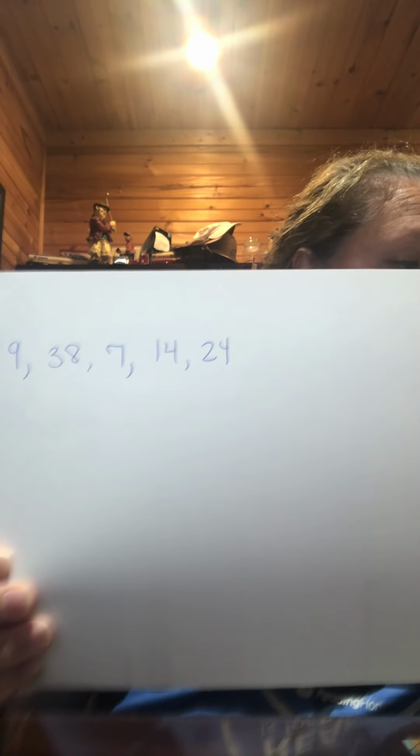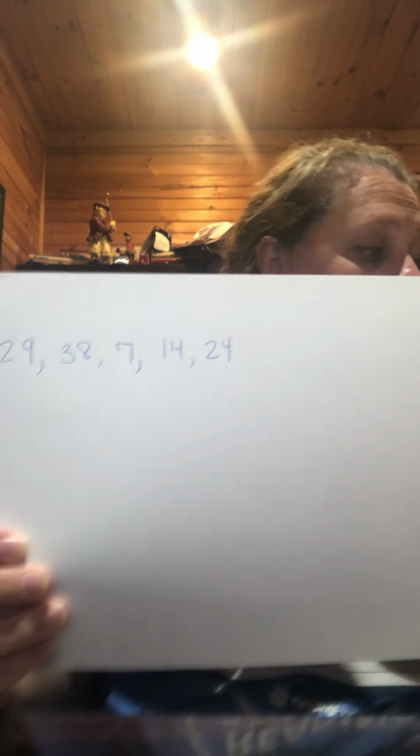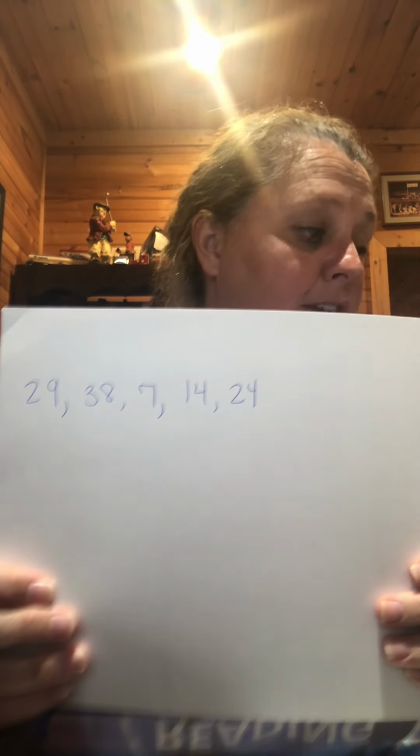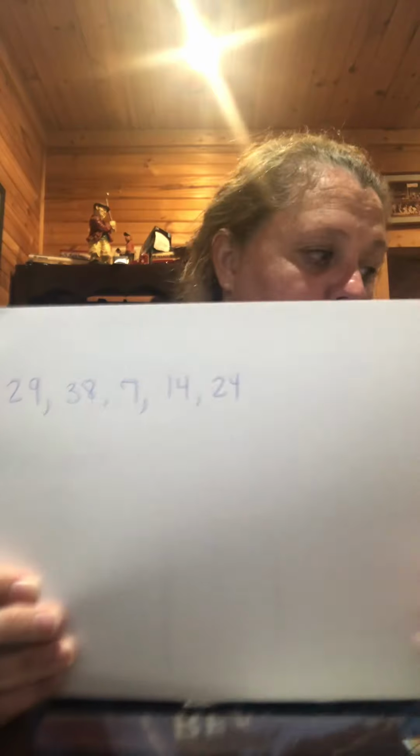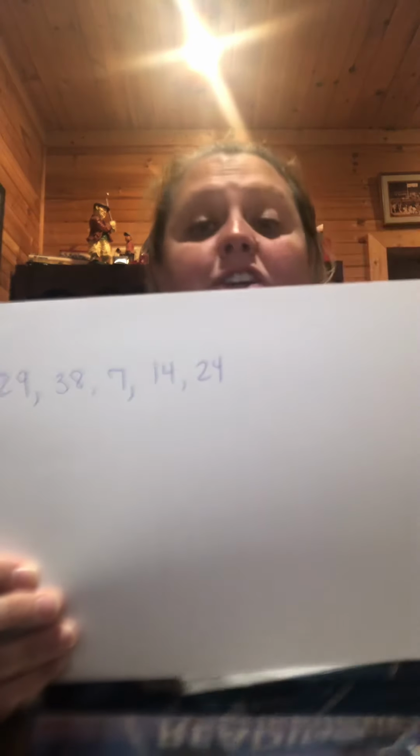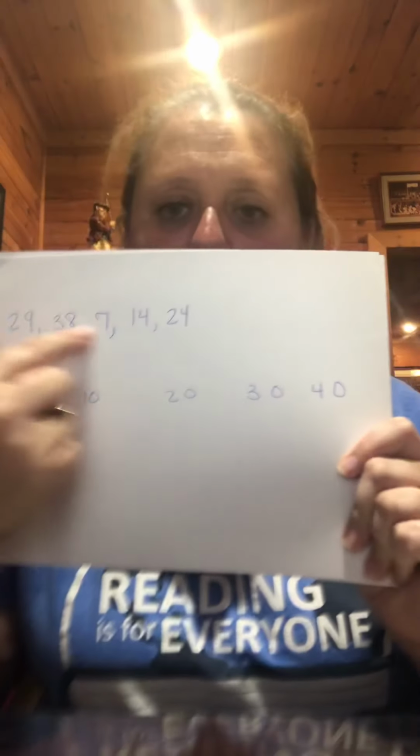If I want to place these numbers into this set of numbers in order, where would they go? So what I'm going to do is, underneath this, I'm going to put 0, 10, 20, 30, and 40. Do you see that? Now, where would these numbers go?